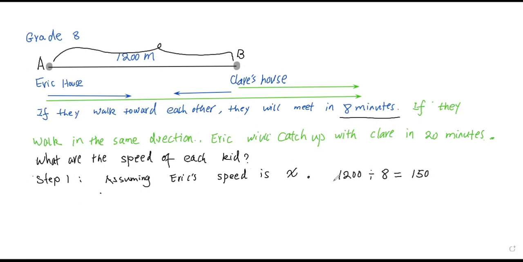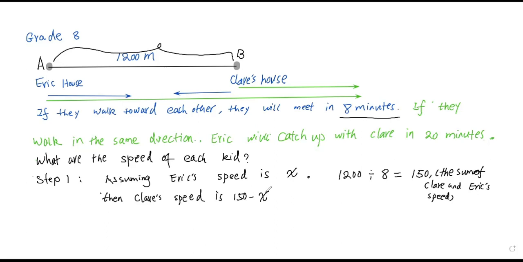If Eric's speed is x, then 150 is the sum of Claire's and Eric's speeds, so Claire's speed is 150 minus x.